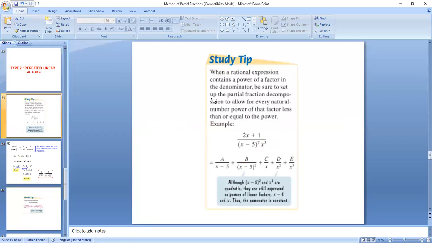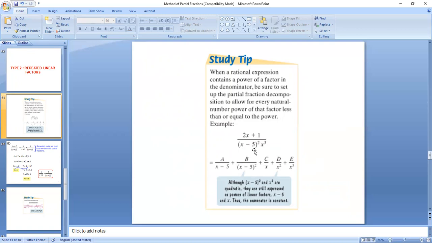When a rational expression contains a power of a factor in the denominator, be sure to set up the partial fraction decomposition to allow for every natural number power of that factor less than or equal to the power. Example: you can see here in the example, the denominator is already factored. This one is an example of a repeated linear factor.